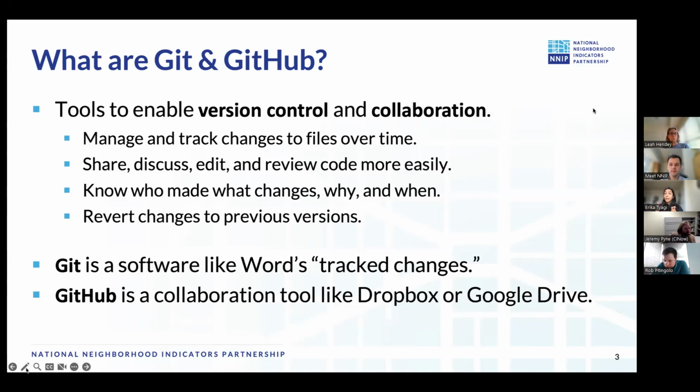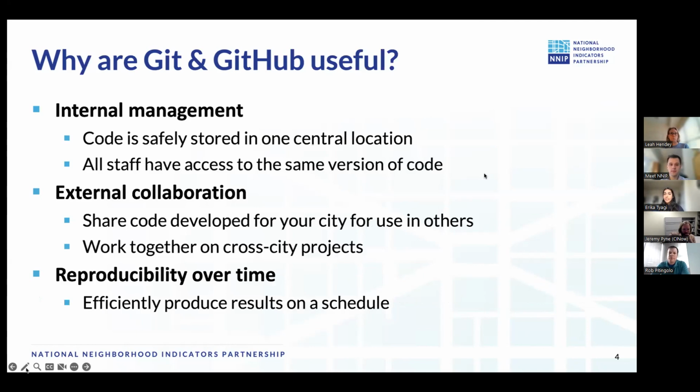And then GitHub is analogous to something like Dropbox or Google Drive or Box, basically an online collaboration tool that stores versions of those changes over time. Those are imperfect analogies and a little hard to think about in the abstract, but luckily Rob is going to make that more tangible in the next couple of slides.